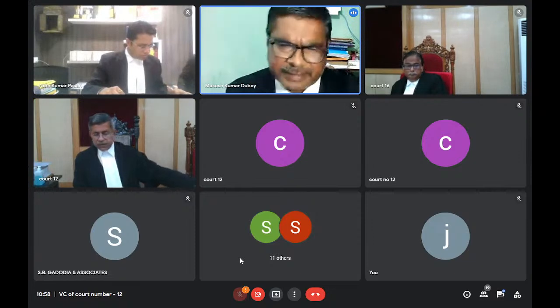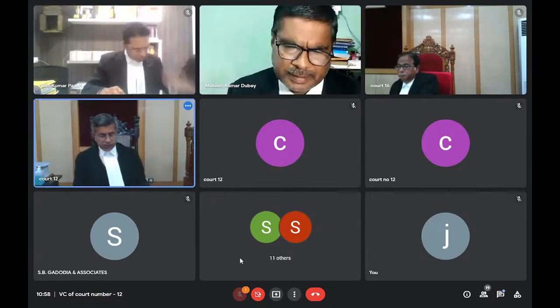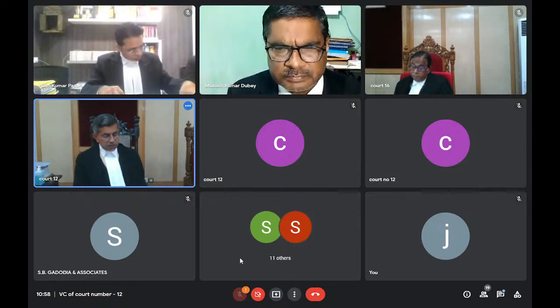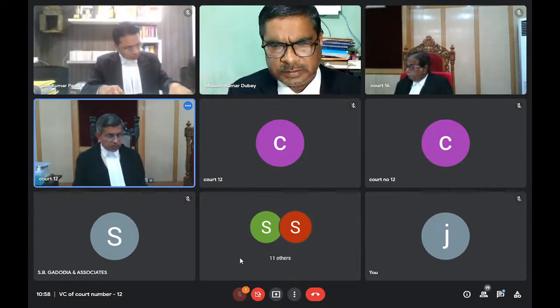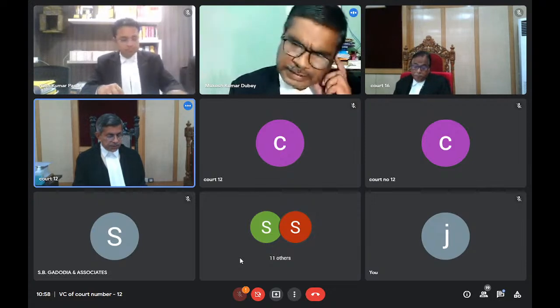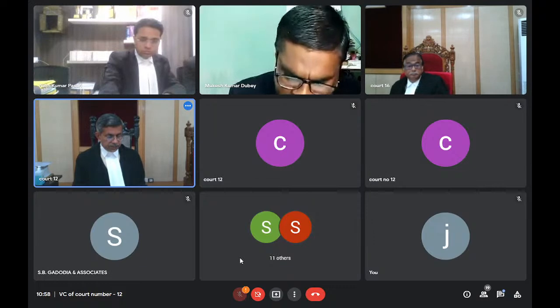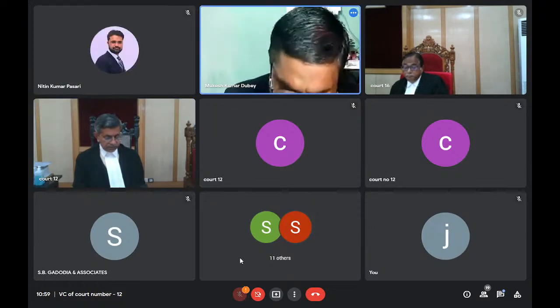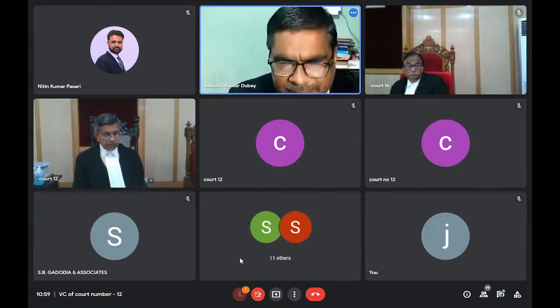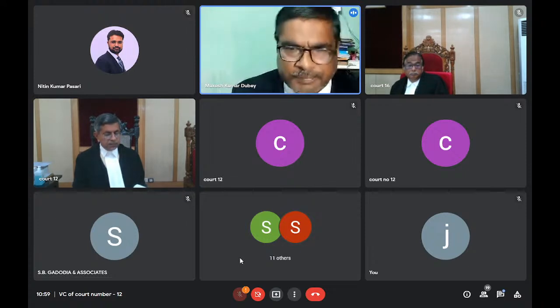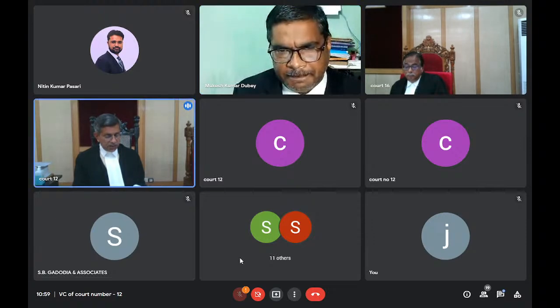My lord, in item number 18, husband's appeal for guardianship. How old is the child? Child is 8 years. The problem is the court had decided the custody of a child who is not the child of this person. Any matrimonial dispute earlier?